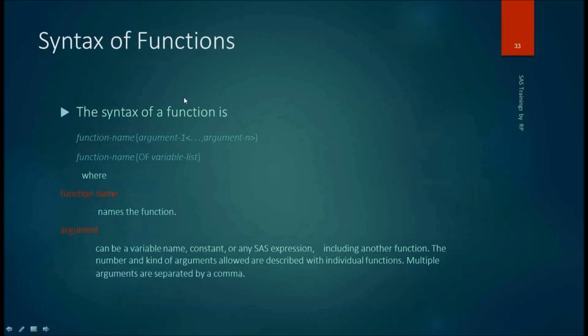So, the syntax for the function: we have to mention the function name, and within parentheses, we mention arguments 1, 2, 3, separated by commas. You can also mention the of keyword for specific functions like the sum function. Here the variable list will be a variable name, constants, or any SAS expression which you're passing.